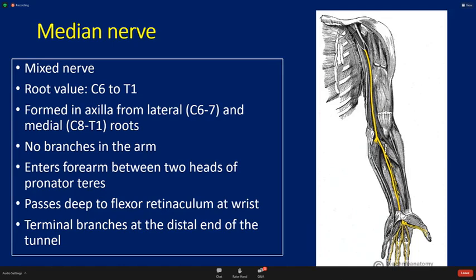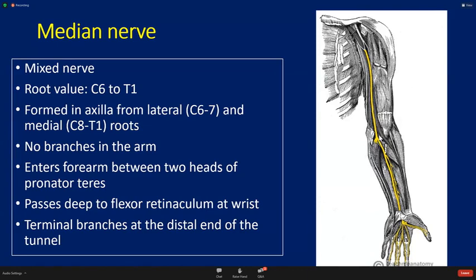So median nerve, as was discussed by Dr. Madhu, is a mixed nerve which arises from two cords. That is the lateral cord which contains C6 to C7 fibers, and the medial root which contains C8 to T1 fibers, and they join together at the axilla to form the median nerve. So when it descends down, it goes along with the brachial artery, and in the arm there are no branches at all.